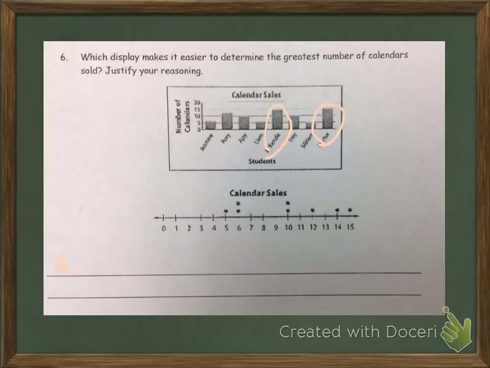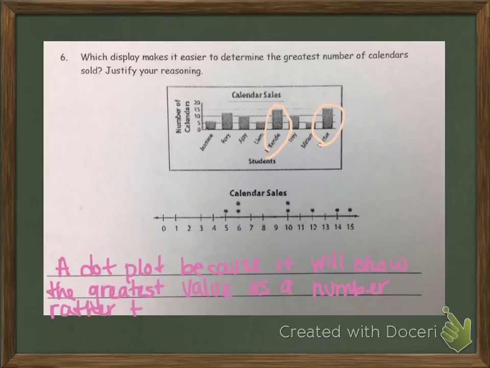So a dot plot because it will show the greatest value as a number rather than a bar.